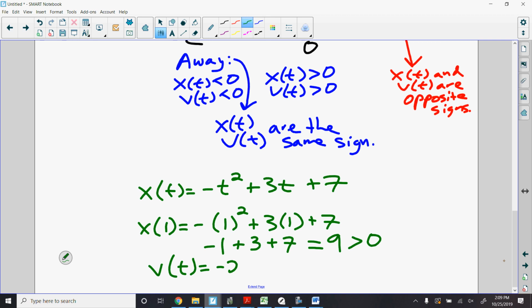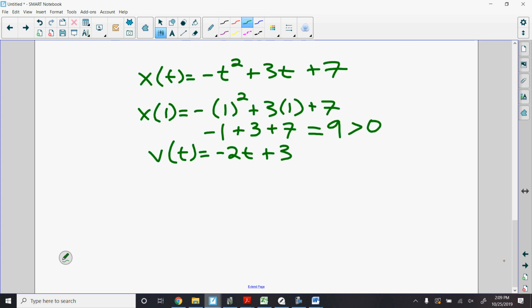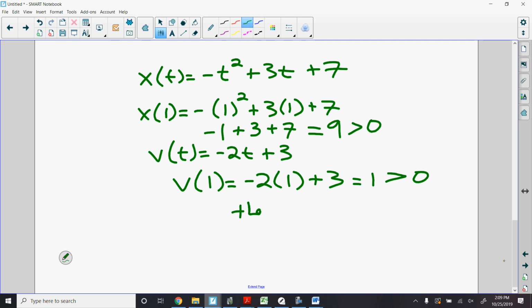So v of t here would be negative 2t plus 3. So when I calculate v of 1, I'm going to get negative 2 times 1 plus 3. That's negative 2 plus 3, which is 1, which is also greater than 0. So since my object is to the right of the origin, because its position is positive, and since it's moving to the right, because my velocity is positive, we can say the object is moving away from the origin.